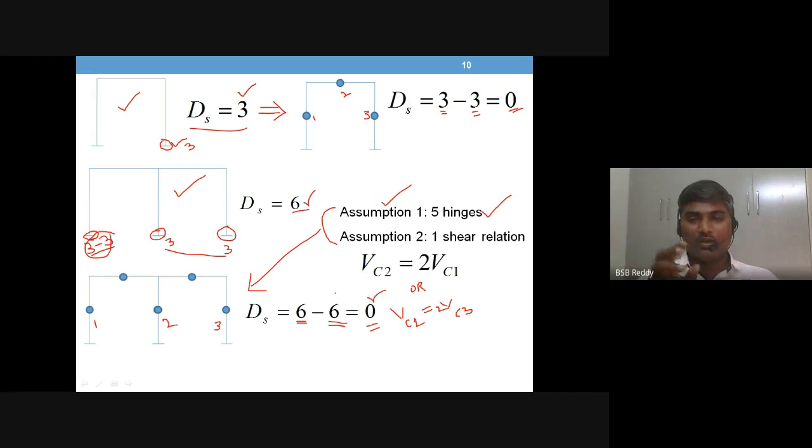So Portal method of analysis is simple. Otherwise, what do you need? You need 6 compatibility equations to be framed. So this is to go for exact analysis. It's very difficult, right? It's a very lengthy process. So instead, just with the 2 assumptions, you can go for an approximate solution.